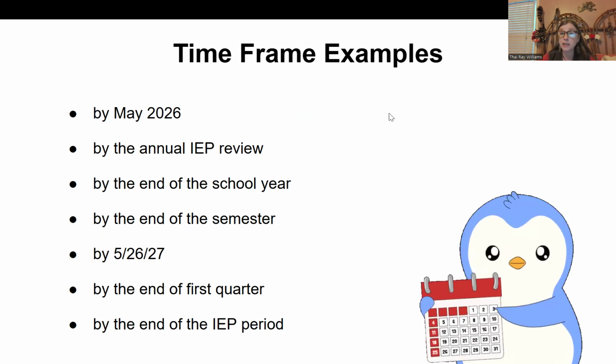So it could be by May 2026, by the annual IEP review, by the end of the school year, by the end of the semester, by May 26, 2027, by the end of the first quarter, or by the end of the IEP period. Again, these are just examples. You'll see a variety of these in IEPs that you receive for your students.